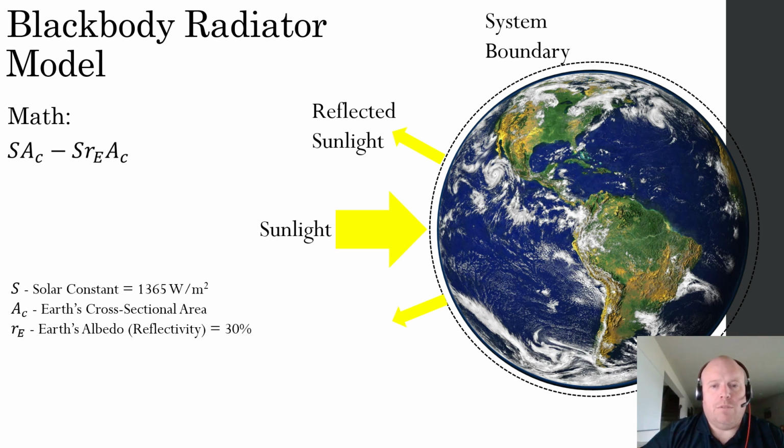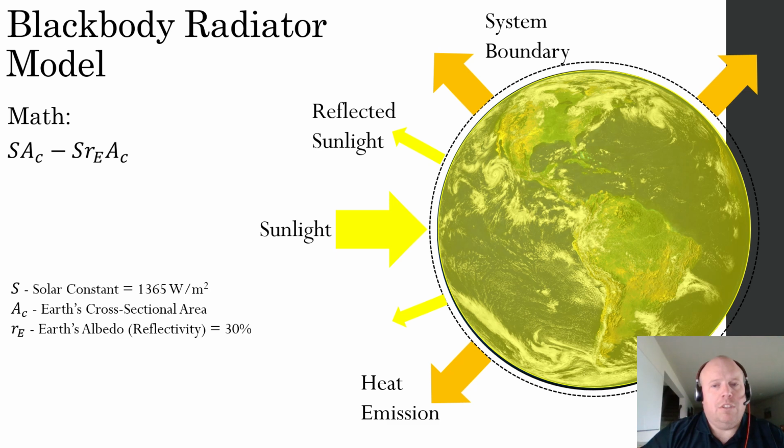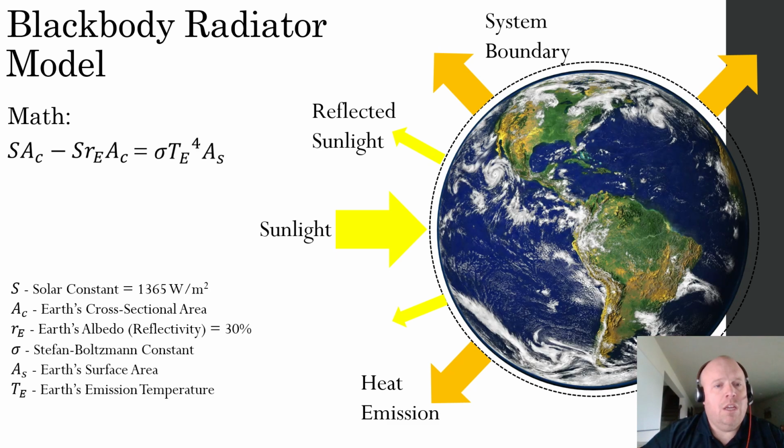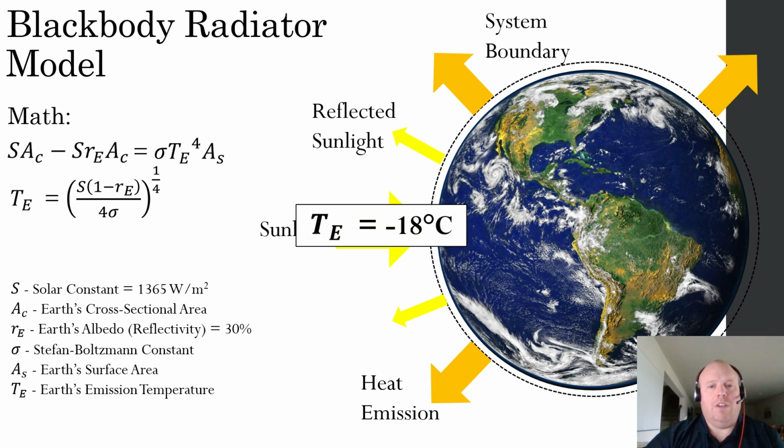That's a measured quantity from NASA. And that's equated to the heat emission by the Earth, which is emitted over the surface area, so 4 pi r squared. And that is shown here using the Stefan-Boltzmann equation. And then you solve for the emission temperature of the Earth, which is negative 18 degrees Celsius.